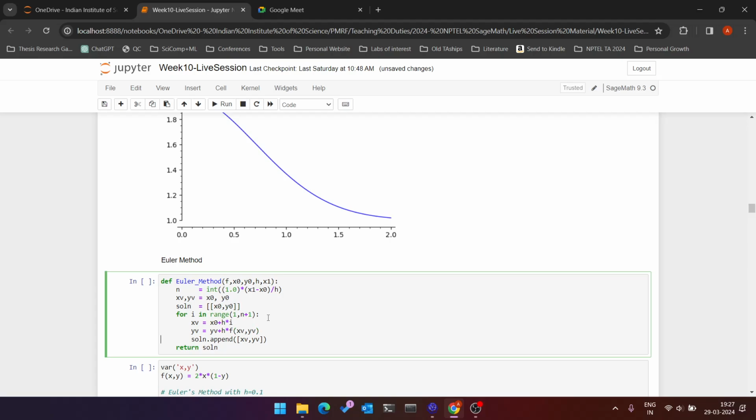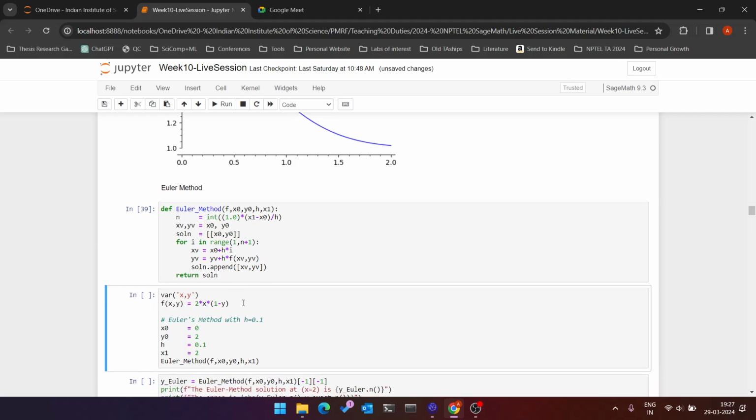This second statement is nothing but the estimated value of y at the next step, which is the value of our previous step plus step size h times the slope. So very basic, like the simplest approximation possible, and then to the solution array we append xv comma yv.